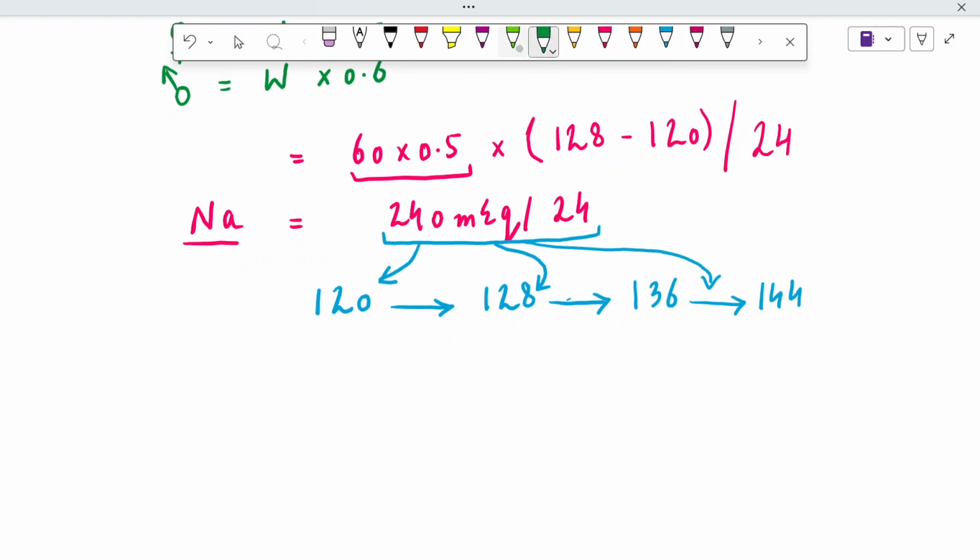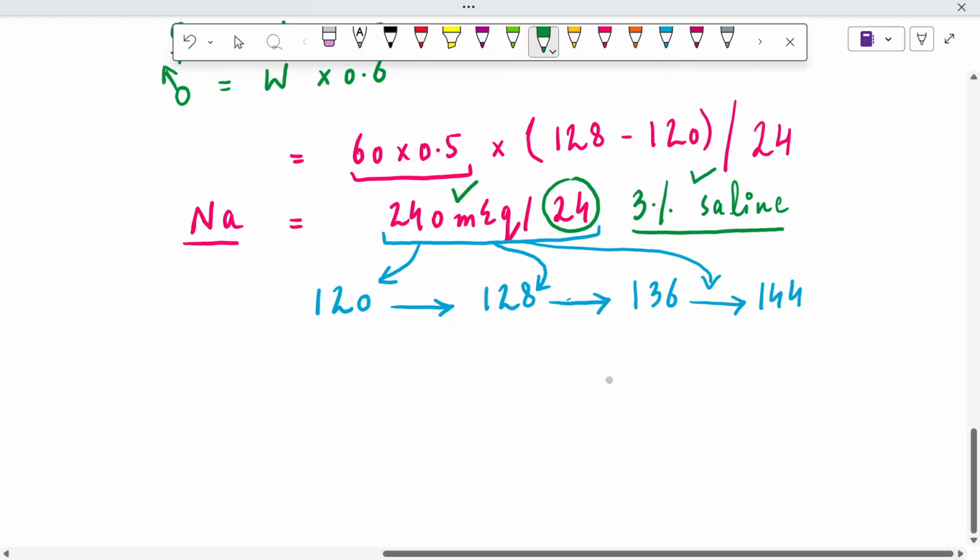And this 240 milliequivalents of the sodium is not given abruptly, it's given over 24 hours in 3% saline, very slowly via infusion pump. It's very important because we prefer 3% saline over 0.9% saline since the patient is hyponatremic, so hypertonic saline is used, and this is the formula for the sodium correction.